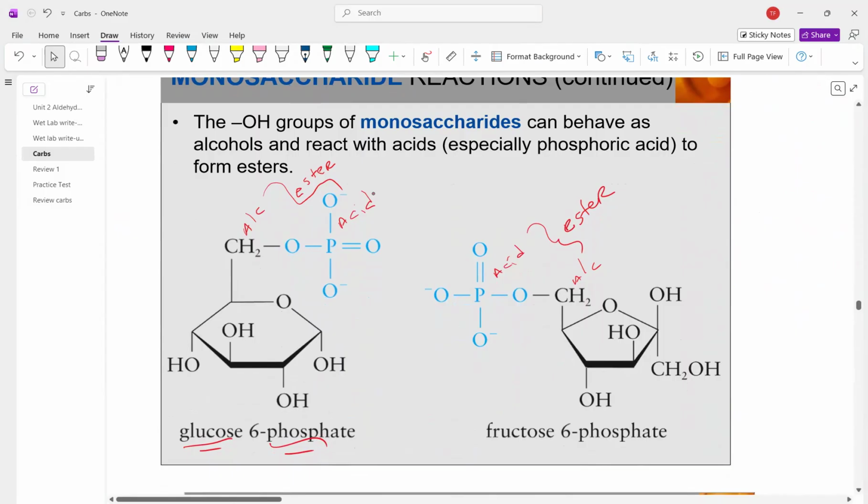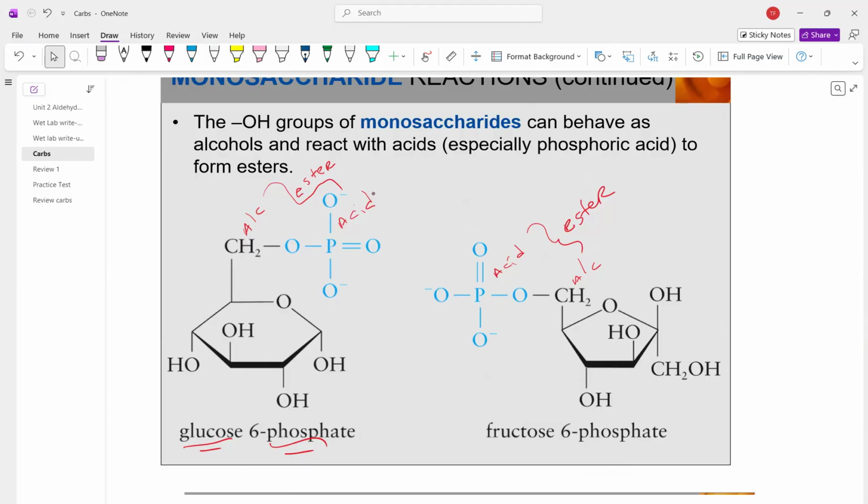Okay, so again, the carbs are polyols. They can do reactions involving alcohols. One of them is a unit 3 reaction called an ester with phosphoric acid. They are ubiquitous in biochemistry, that phosphate group.